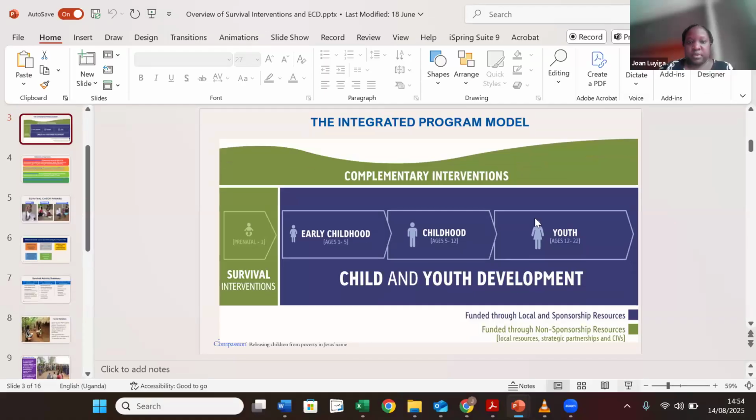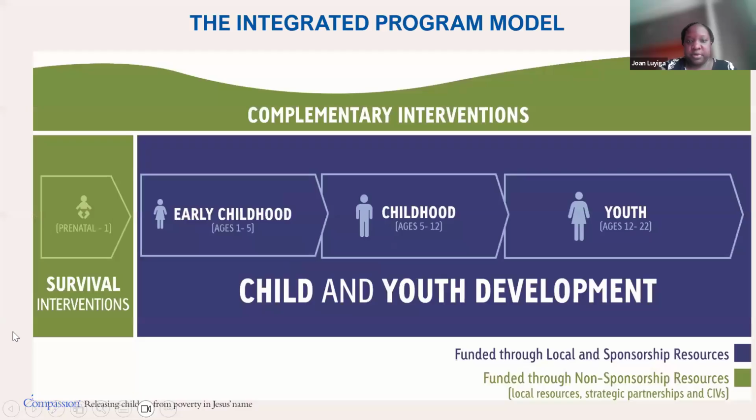So please allow me to share my screen as we start this off. So this is the integrated program model, and the main purpose of sharing this is that as we work on participants and manage their information, their data through Compassion Connect, we need to understand some of the stages and the life cycle events which are illustrated through the integrated program model.